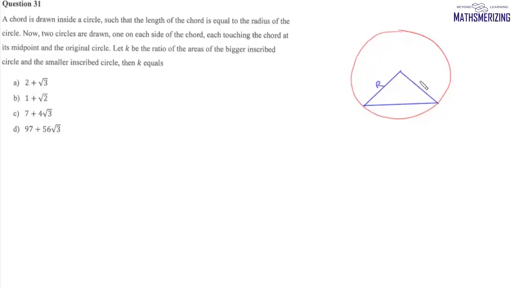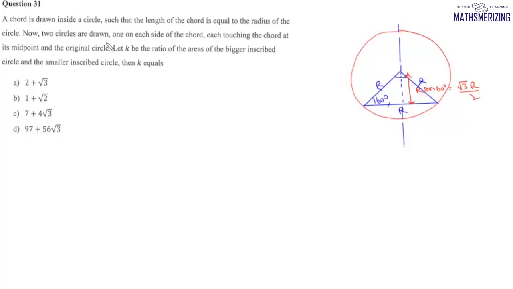So if this is R, and the length of the chord is also R, then this triangle is an equilateral triangle, which means all these angles are 60 degrees. So we'll drop a perpendicular. We can find this length, and this length will be R sine 60, and R sine 60 is root 3 R upon 2.